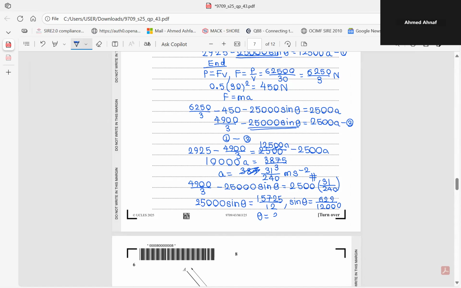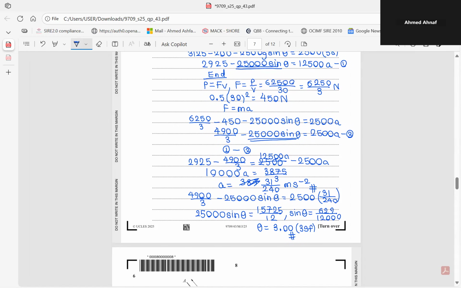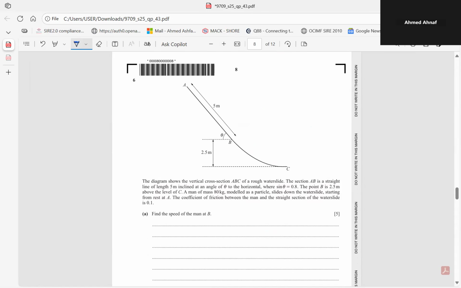You shall get 3 degrees, or just 3 SF. So this is our final answer for this question for A and theta. Let's head on to the next question.